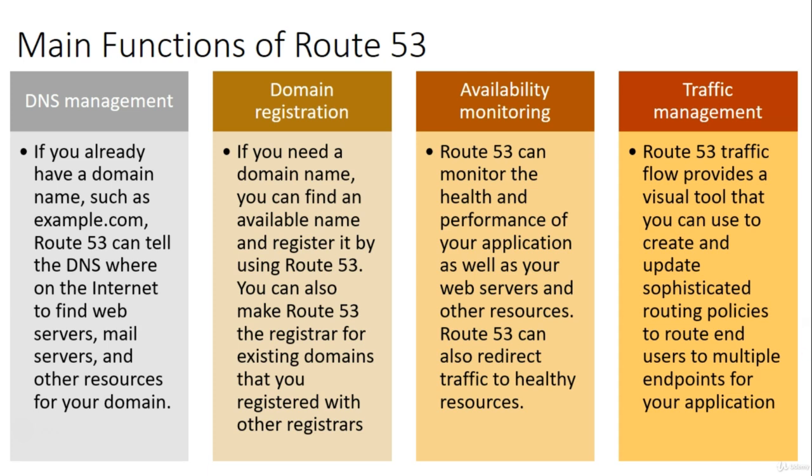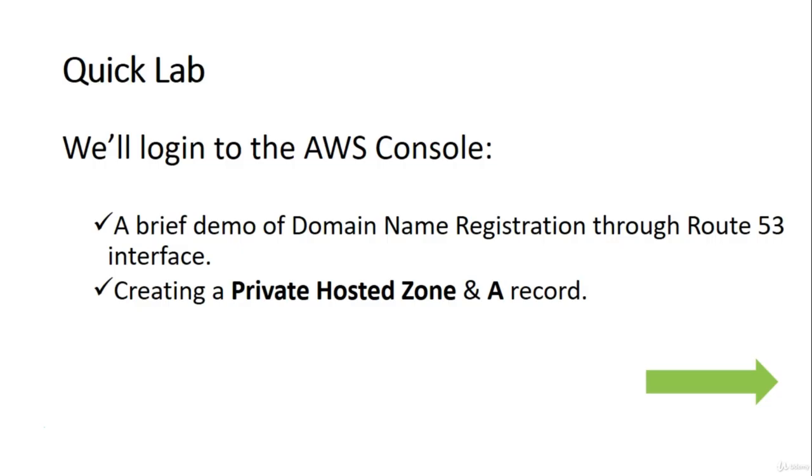So just to make sure that these functions make sense to you and you get a little familiarized with whatever has been taught here, we'll go ahead with a quick lab. The objective is to give you a brief demo of domain name registration through the Route 53 web interface, and then to create a private hosted zone and a record.